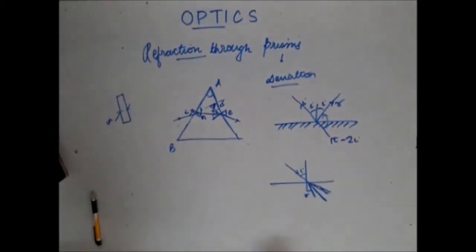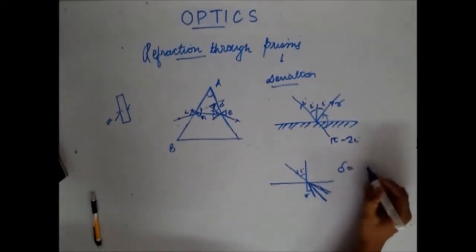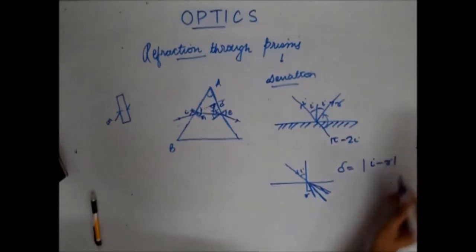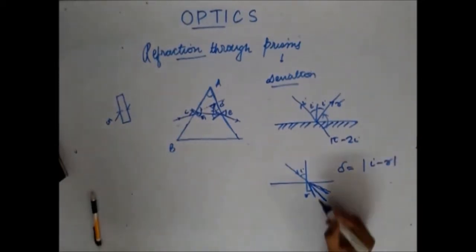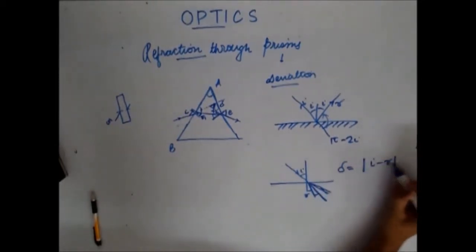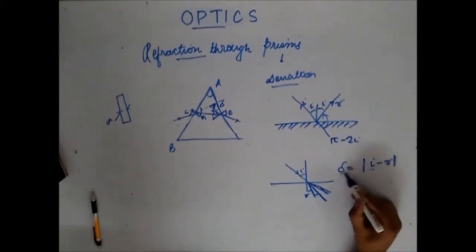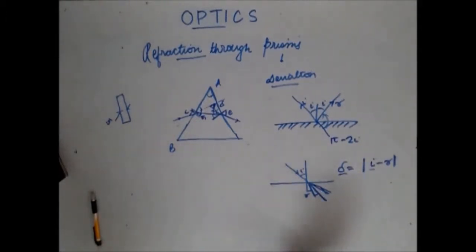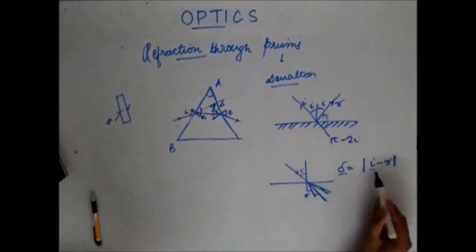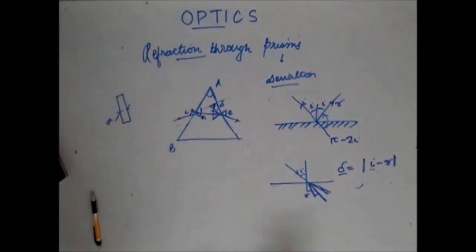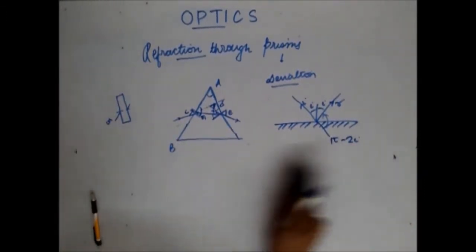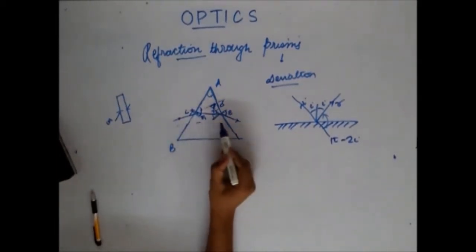This is my refracted ray. So what is the deviation in this case? The deviation in this case is mod of I minus R, because this is the deviation. Now I put a mod sign here because I don't know which is greater and which is smaller. And angle of deviation is always positive because it measures the difference between the incident ray and the refracted ray, or in other terms, it measures how much angle I need to turn the incident ray to make it the refracted ray.